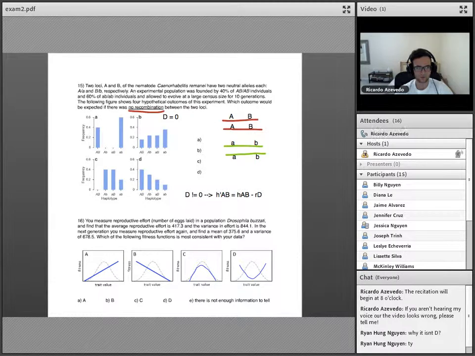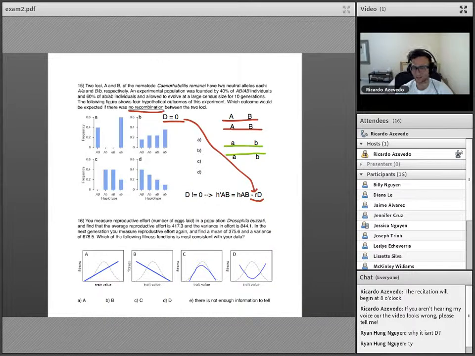In this case, when D is 0, this part doesn't exist, because an r of 0 multiplied by D would be 0. So H prime AB would be HAB. So the haplotype frequency is going to stay the same over time.